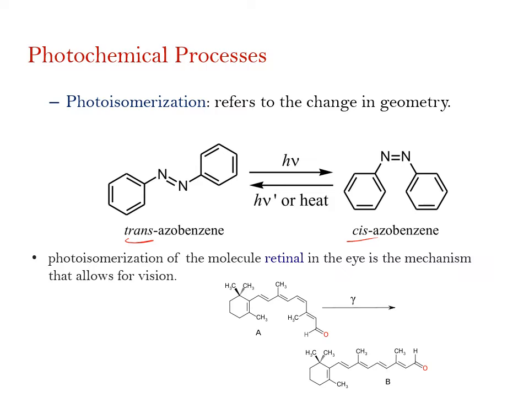This will begin a chemical signal cascade that can result in a perception of light by the human brain. So it is because of the light interaction with the retina that we are able to perceive objects or see things clearly.